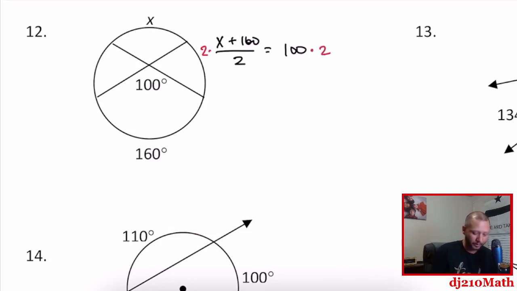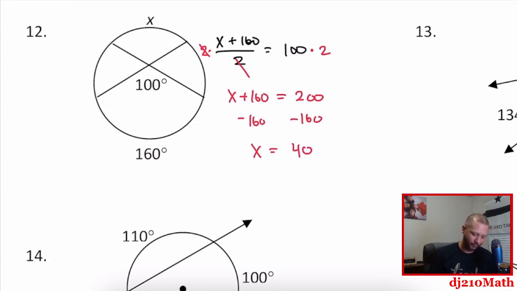The left-hand side is going to cancel. So x plus 160 is equal to 200. Subtract 160 from both sides. X is equal to 40.